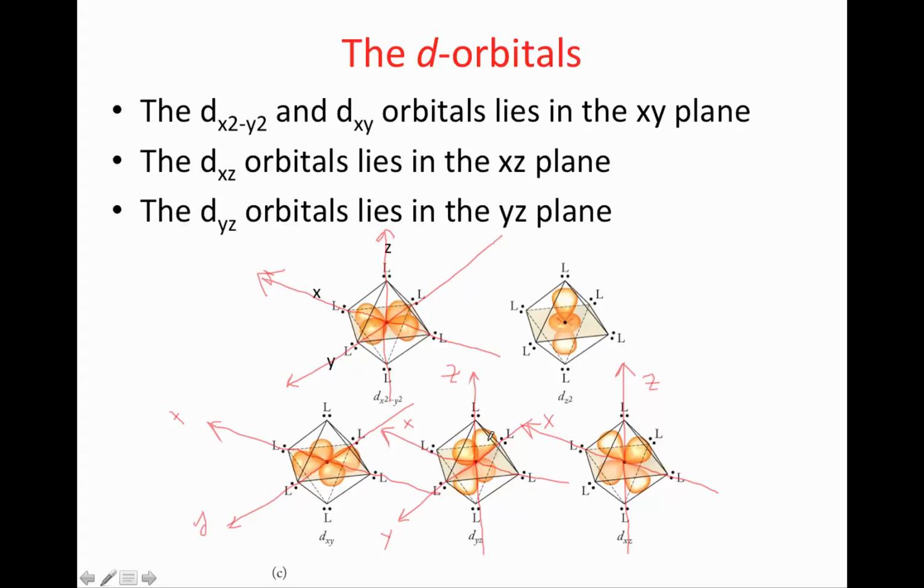Again, I guess we could put the z-axis up here. And it's also important to note that just like in the case of the dxy orbital, the lobes were lying between the axes, so in the case of the dyz orbital, the lobes are lying between the axes. And here, once again, for the dxz orbital, the lobes are lying between the x and the z axes.